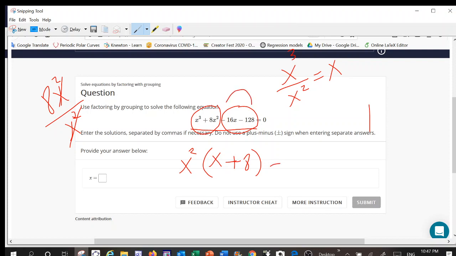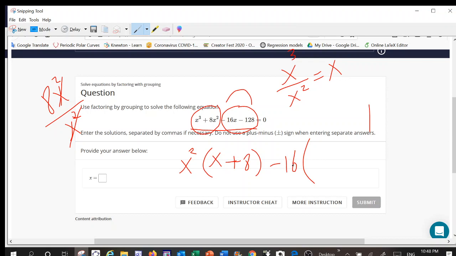Looks like minus 128 is divisible by 16. Yes. What times 16 is 128? 8, okay. So 8 is what they have in common when you divide 128 by 16.